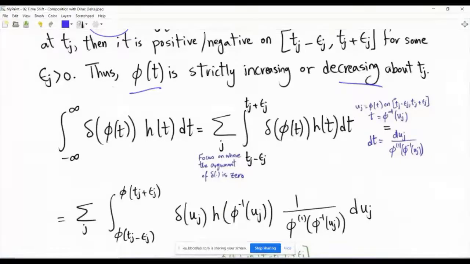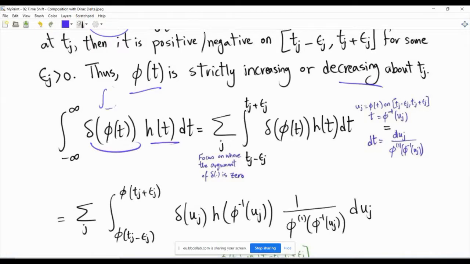So here is the trick. To understand again the Dirac delta, we take the Dirac delta and multiply by some function. It's called the test function, and we integrate, and we try to examine the impact of this integration.